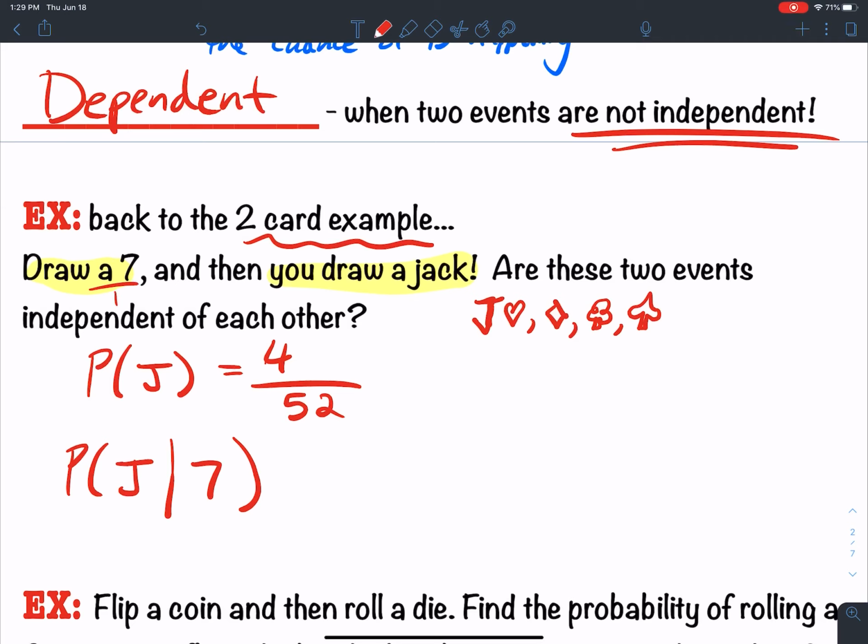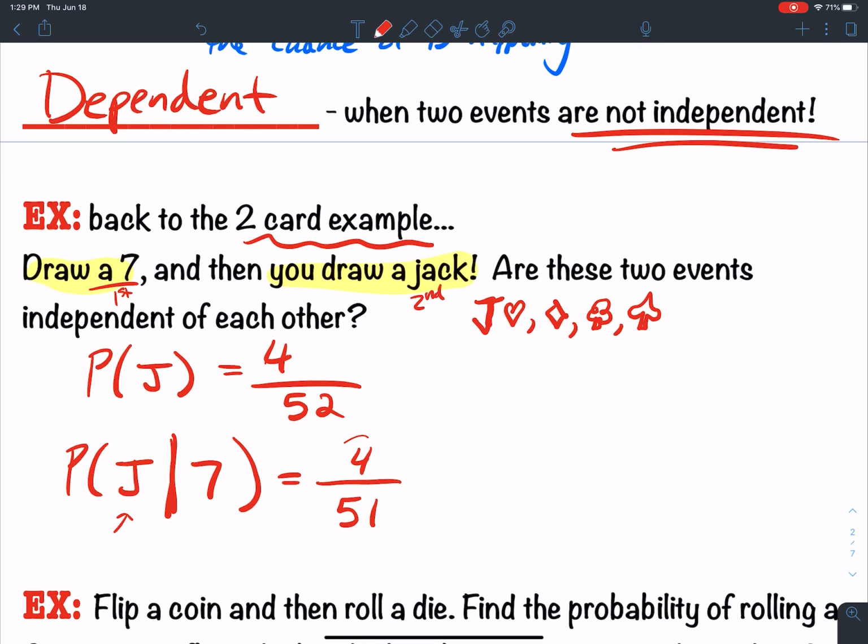So you drew your 7 first, and then you drew your jack. If I pulled the 7 out and didn't put it back, I drew it without replacement, then there are only 51 cards left in the deck. But since it's a 7, it doesn't affect how many jacks were in the deck, so there are still 4 jacks.